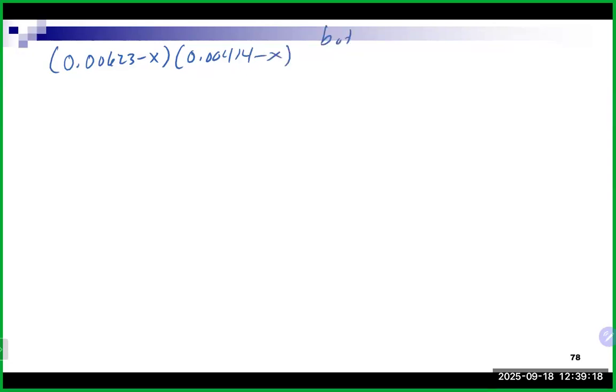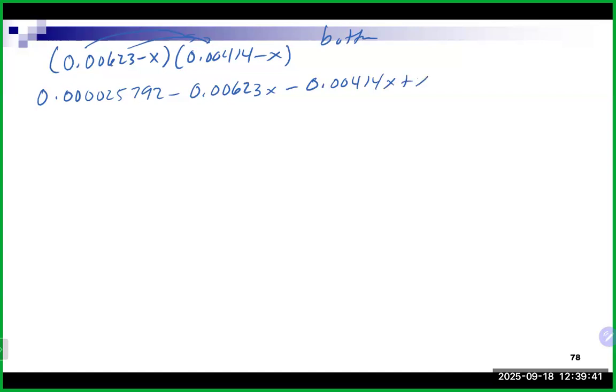Again, we're going to go in and out on that, and if you do that, you will end up with 0.000025792 minus 0.00623x minus 0.00414x plus x squared.